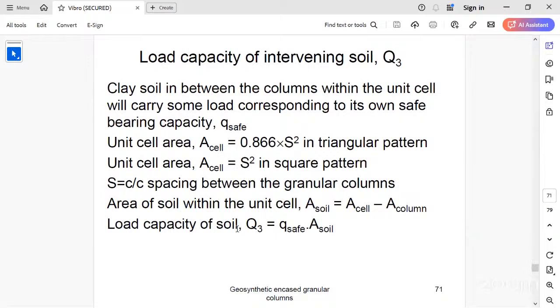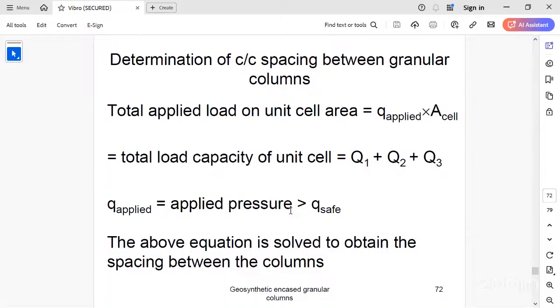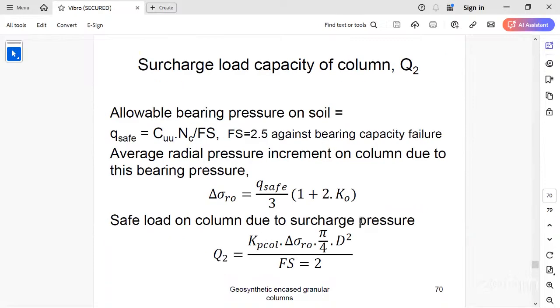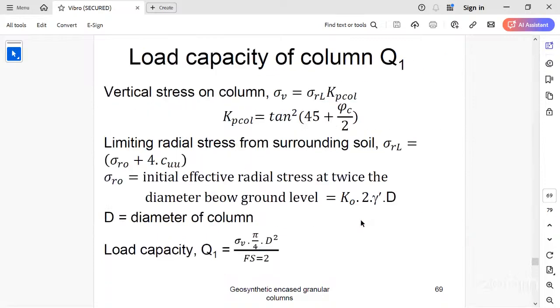So the load capacity is Q safe times the area of the soil, and that is Q1 plus Q2 plus Q3, and that should be equal to the applied pressure multiplied by the area of the cell. Okay, is this clear? Yes, sir.